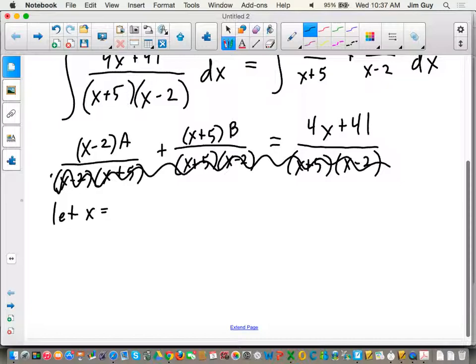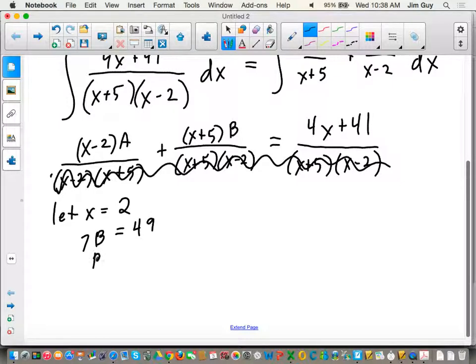Yes, if you let x equal 2, that's just awesome because this is now 0, and 0 times A is 0, so all of that part is gone. And now all you have here is 7 times B equals 2 times 4 is 8, 49.